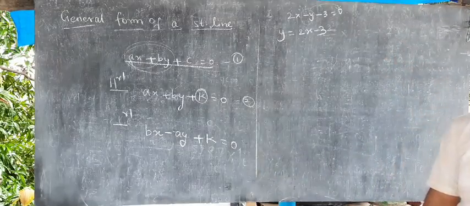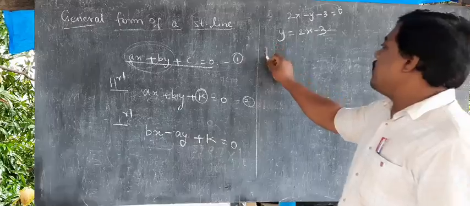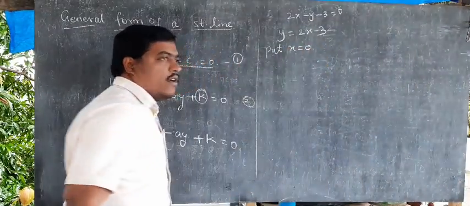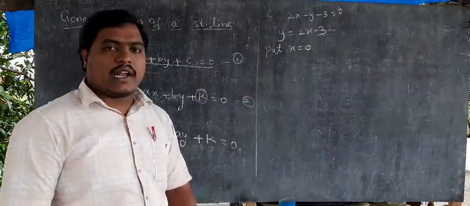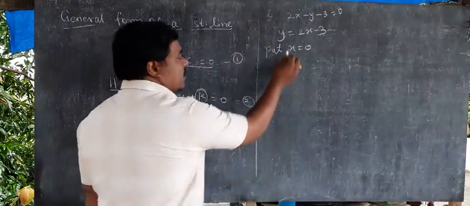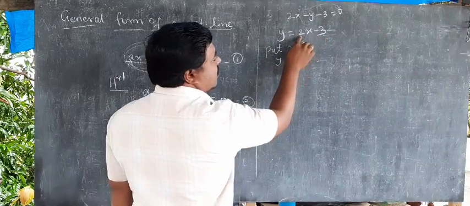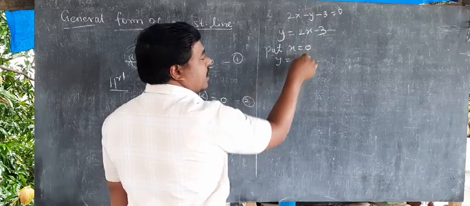Like this we need to write. Why do we write it? Put x equal to 0. You already know from 9th standard that you draw the graph. Applying x equal to 0, 0 into anything is 0, so y equal to minus 3.